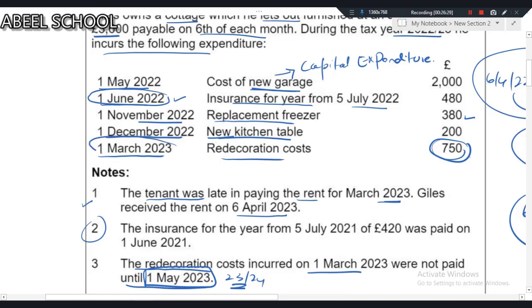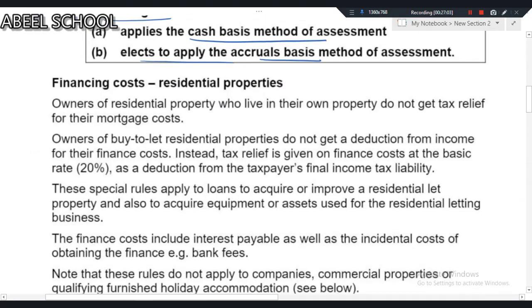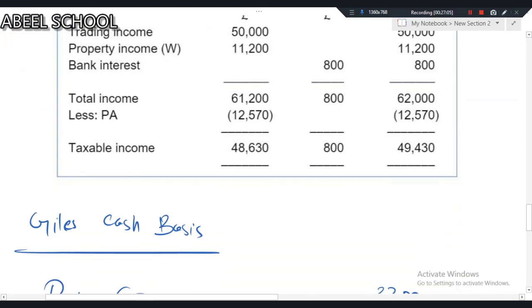Since this redecoration cost was incurred on 1st March 2023, which falls in the relevant tax year 22-23, even though it was paid in the next tax year, since we are solving the same question on accrual basis, it means it is accrued on this individual. Even though the 750 was paid in another tax year, it will be treated as an allowable expense in the tax year 22-23 on accrual basis. So redecoration cost 750 will be deducted. Now you can see the differences.